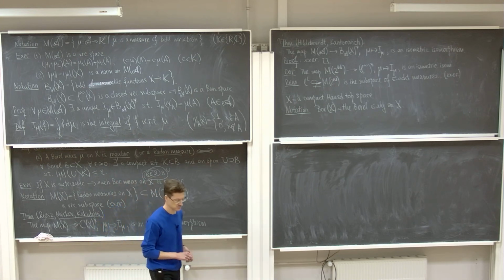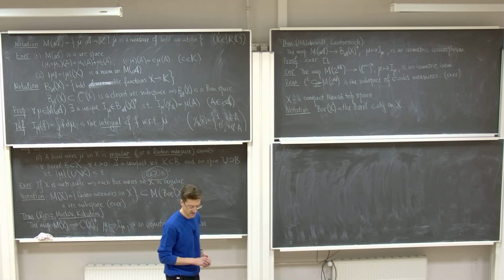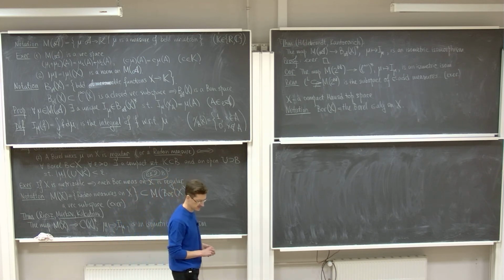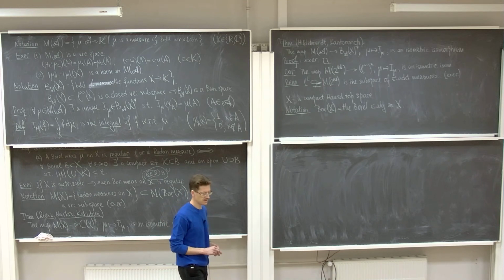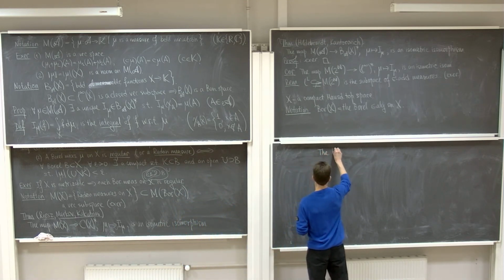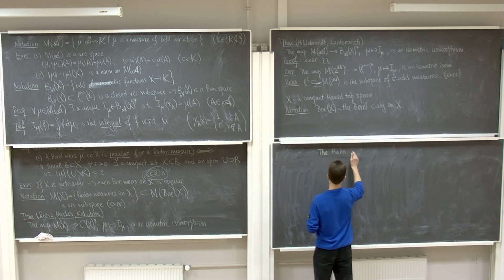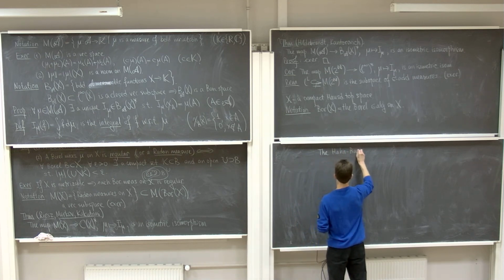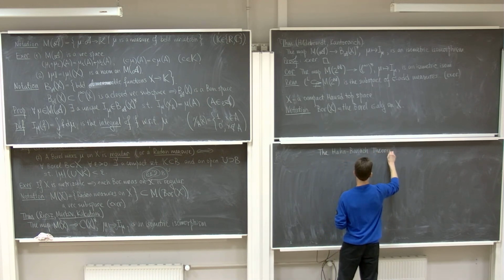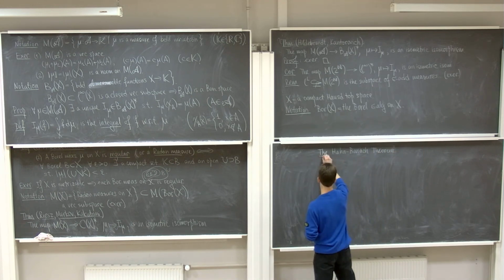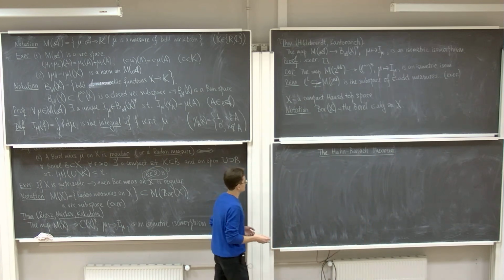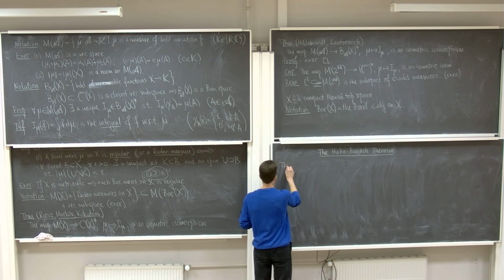The dual space is non-trivial, and in fact, it is big enough in the sense that it separates the points of our space. And this fact follows from the Hahn-Banach theorem, which is one of the most fundamental principles of functional analysis. So the statement is as follows.